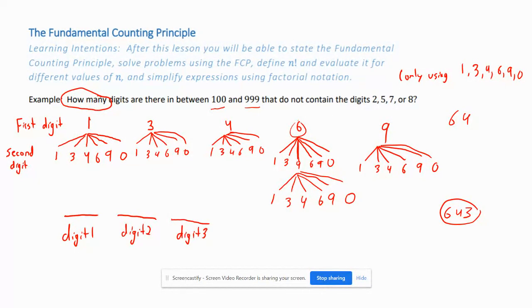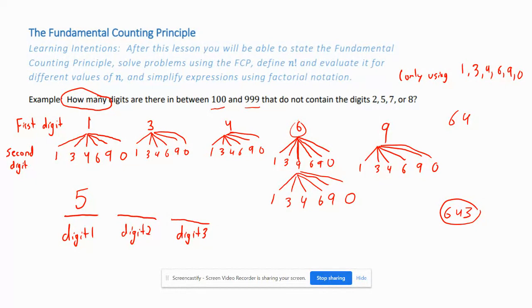When we look over here, how many choices do we have for digit number 1? Well, we had 1, 2, 3, 4, 5 choices. It wasn't allowed to be 0, because if we begin with 0, it's not going to be a 3-digit number. So we had 5 choices here.